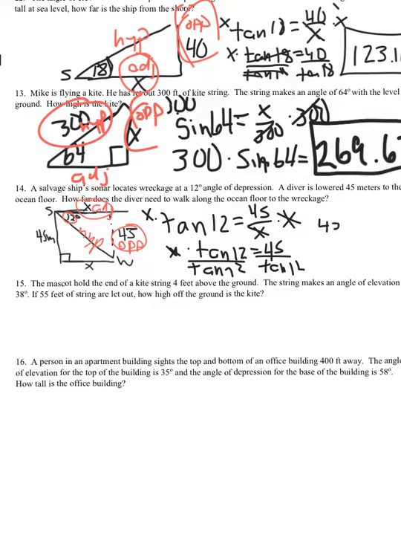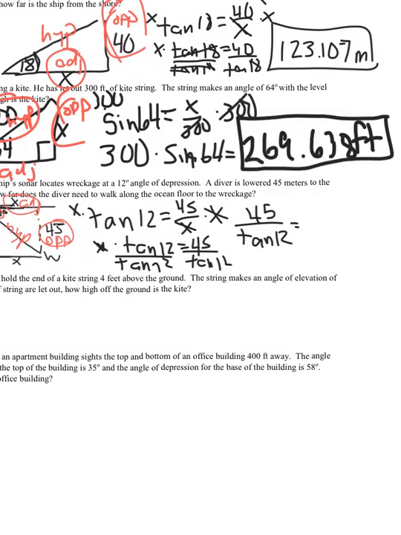There's just certain spots on this screen when I'm writing that it doesn't want to write for me. So 45 divided by tangent 12. That is going to give you 211.708.